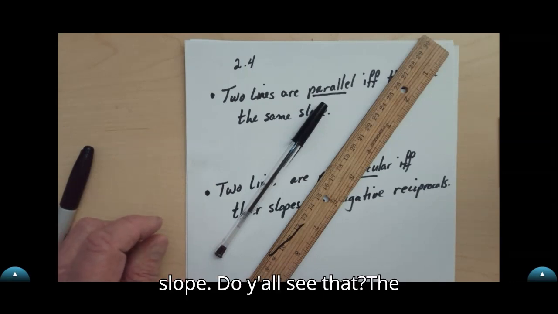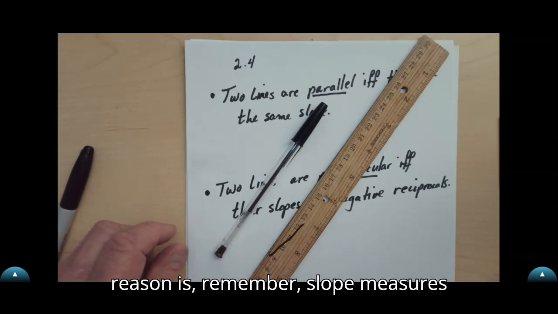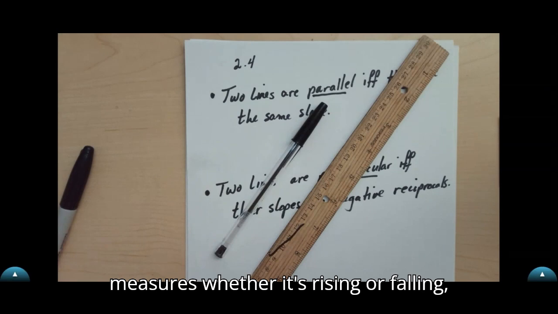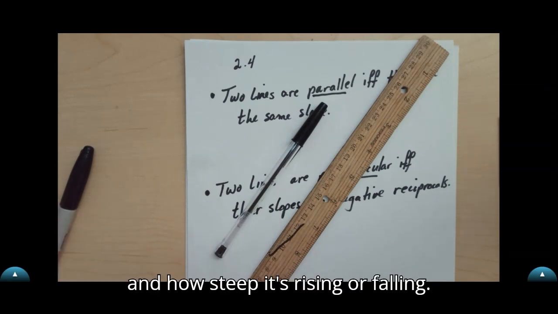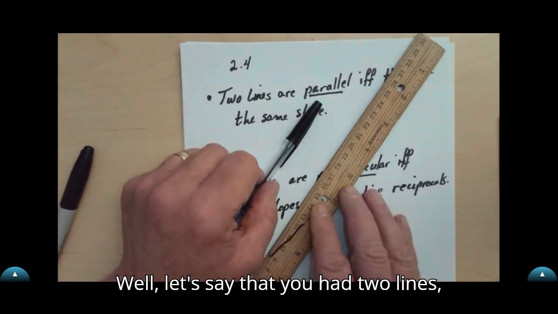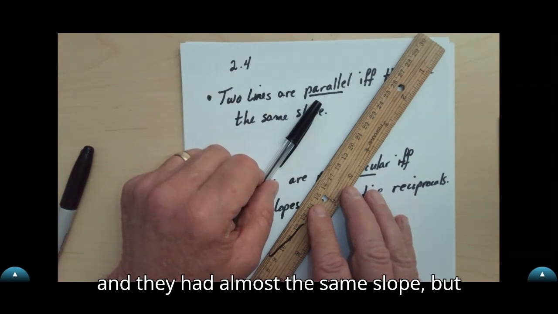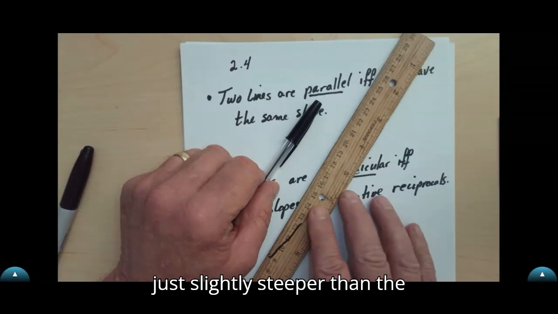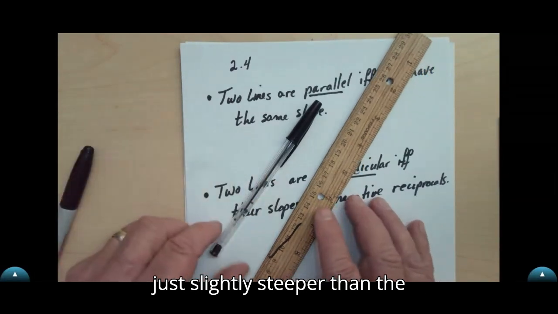Do y'all see that? The reason is, remember, slope measures how steep a line is. It measures whether it's rising or falling and how steep it's rising or falling. Well, let's say that you had two lines and they had almost the same slope, but just a little bit different. One line was just slightly steeper than the other.